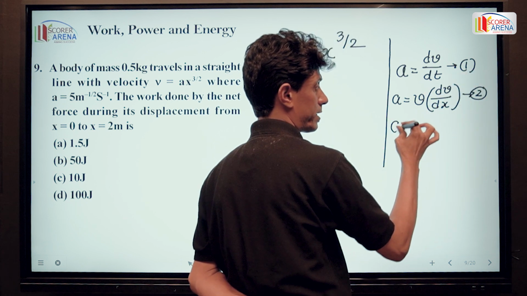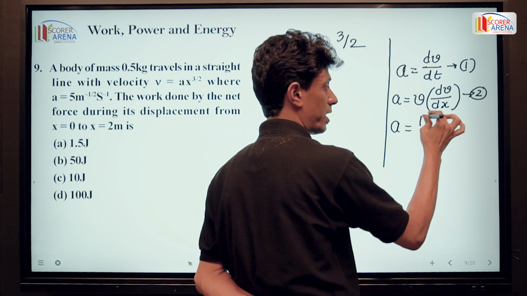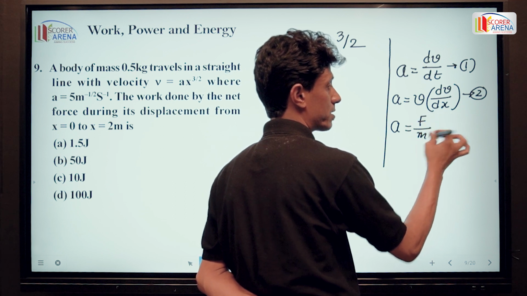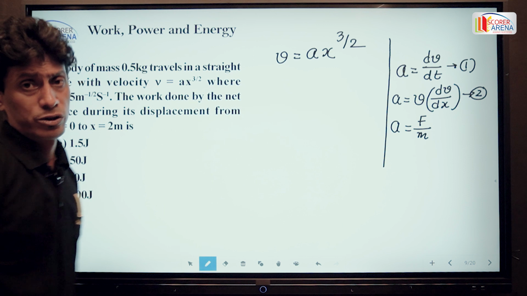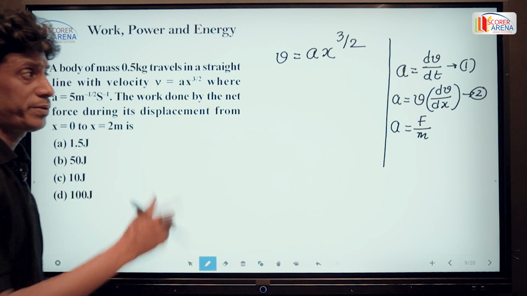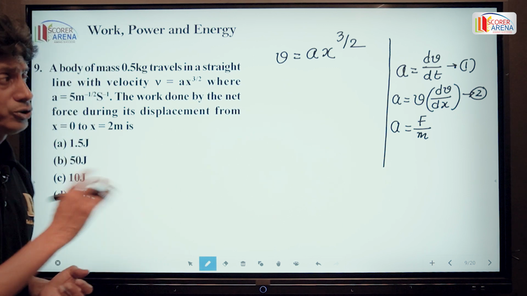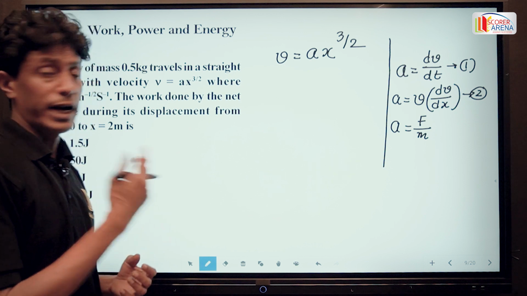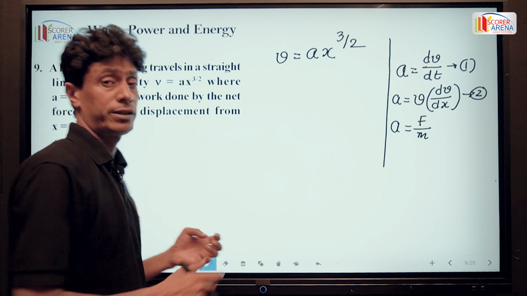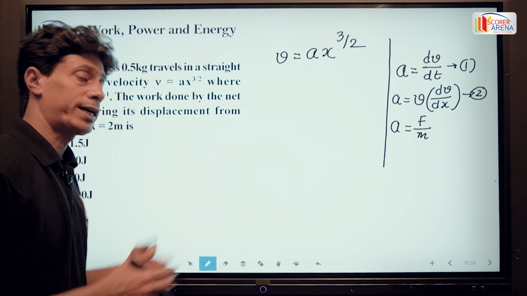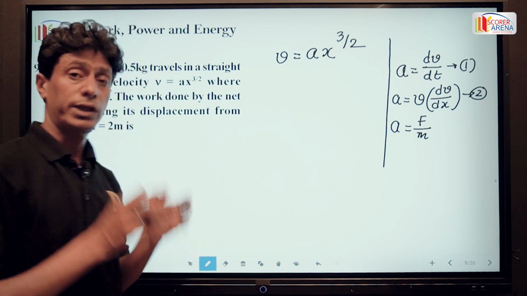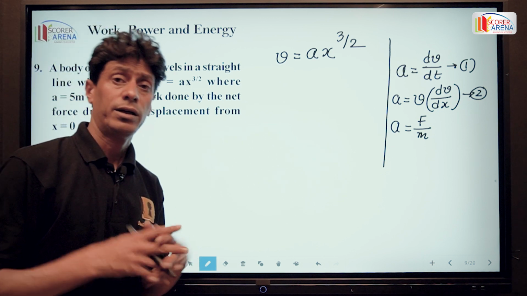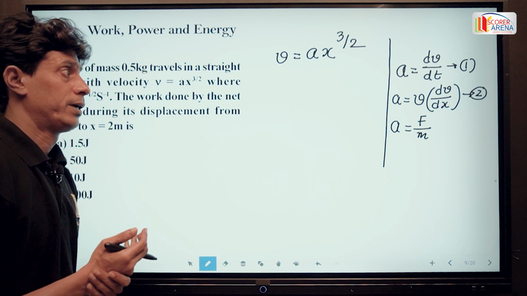And acceleration also means force per unit mass in Newton's laws of motion. The first two definitions we already went through in the chapter of kinematics.